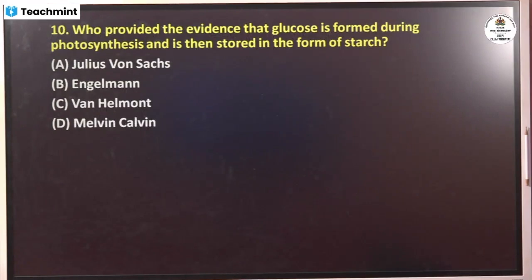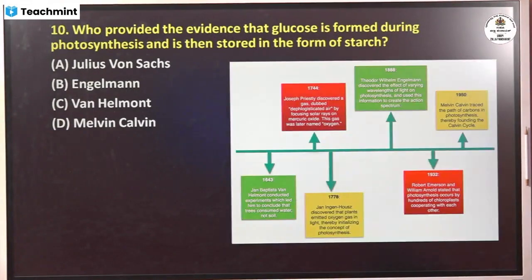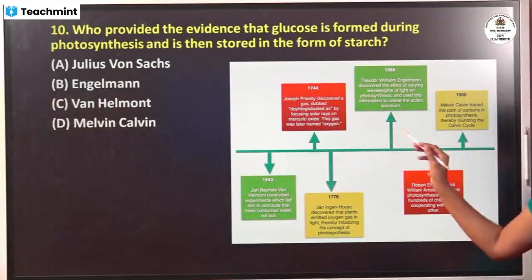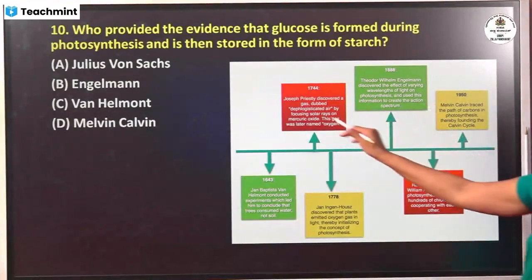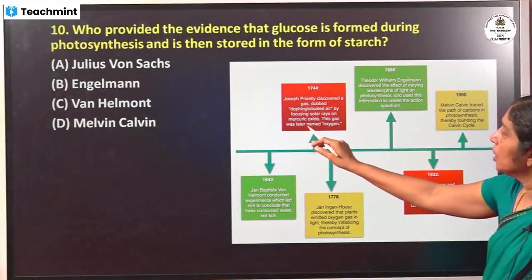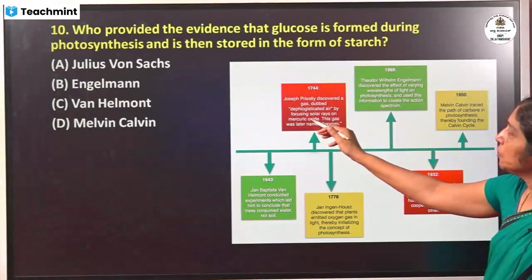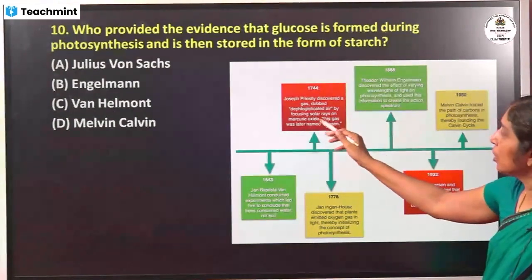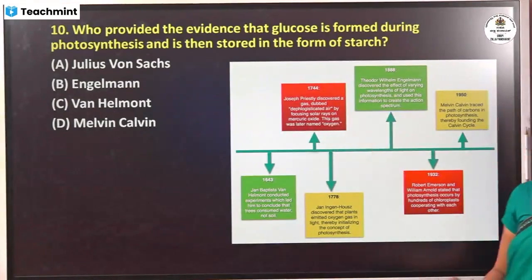Who provided the evidence that glucose is formed during photosynthesis and is then stored in the form of starch? Julius von Sachs, Engelmann, Van Helmont, and Melvin Calvin. Here we have some scientists who have contributed towards photosynthesis. Joseph Priestley focused on the solar rays, and he was the one who called the gas that is produced oxygen.